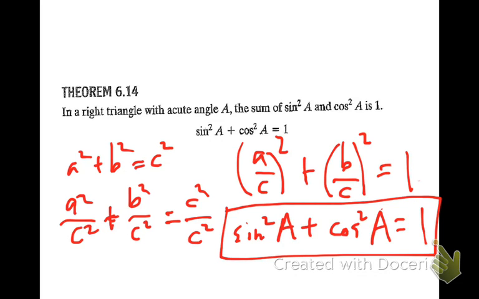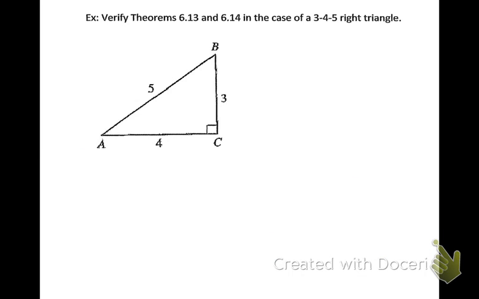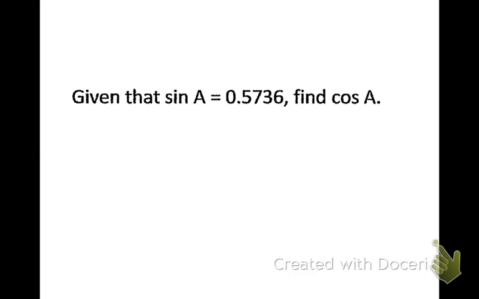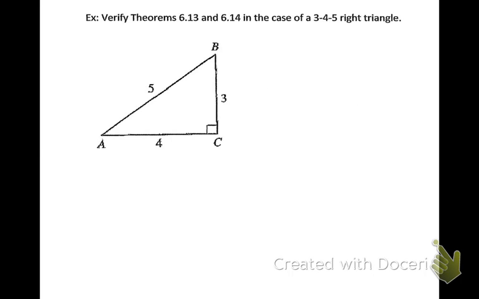All right, now we're going to verify those two theorems. First we have to show that the sine of A divided by the cosine of A equals the tangent of A in terms of a 3, 4, 5 right triangle. In this triangle, what does the sine of A equal?